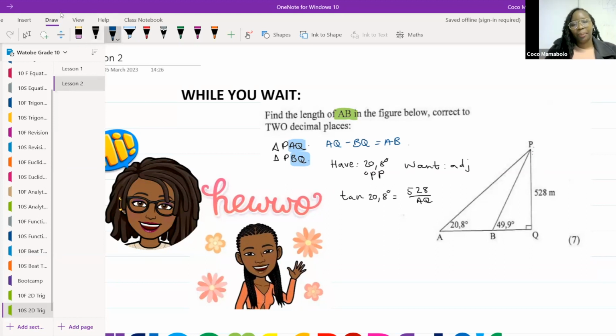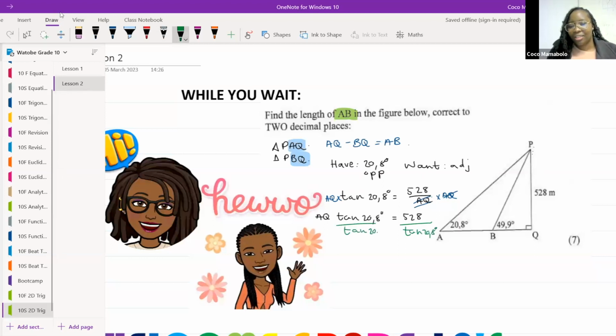Next step. Now we take AQ and we multiply it by tan 20.8 to cancel that side. Then we want our AQ alone, so we're going to have to divide 528 by tangent of 20.8.